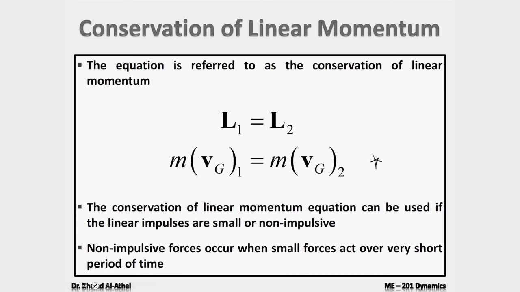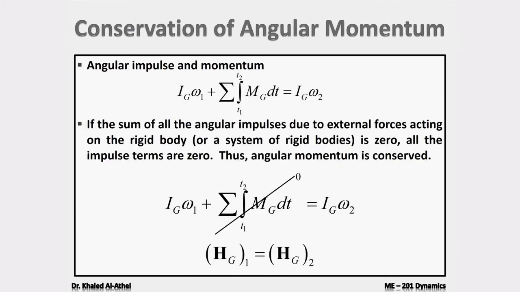Now, if I want to do the same for angular momentum, again, I have the equation IG omega 1 plus the summation of angular impulses equals IG omega 2. Again, if the sum of all angular impulses is 0, or I have no angular impulses acting on the system, this is 0, as you can see here, and we end up with HG1 equals HG2.